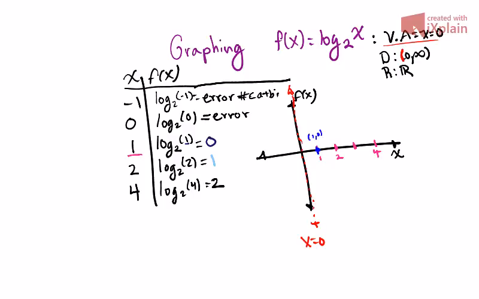When x equals 2, I get 1. So let's make this 1, and let's make this 2. So when x equals 2, I get 1. When x equals 4, I'm going to get 2.